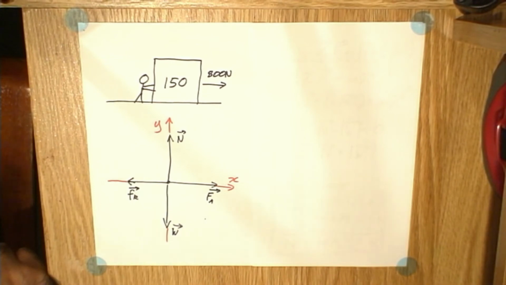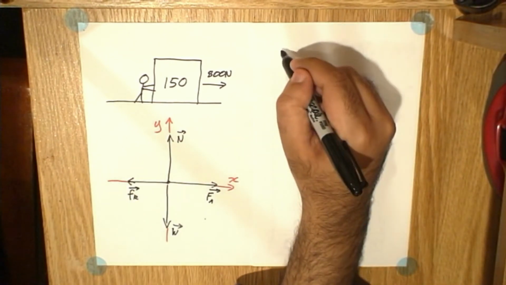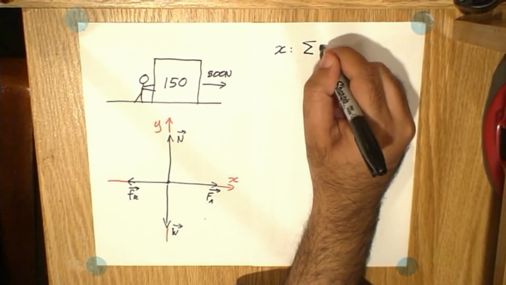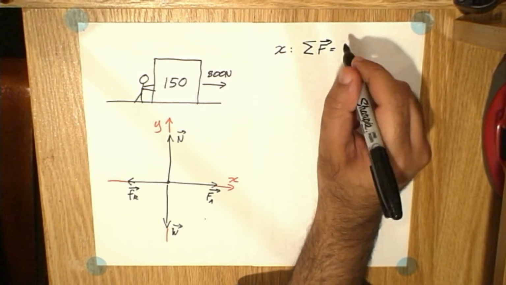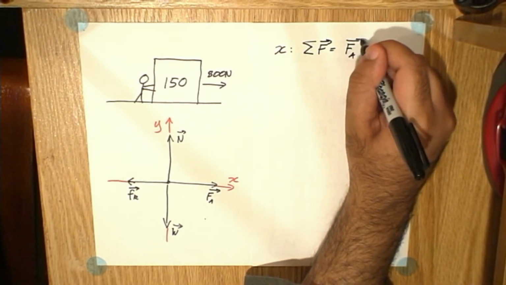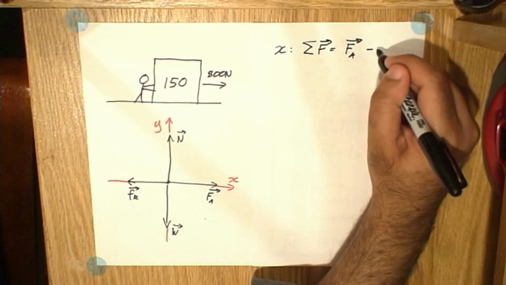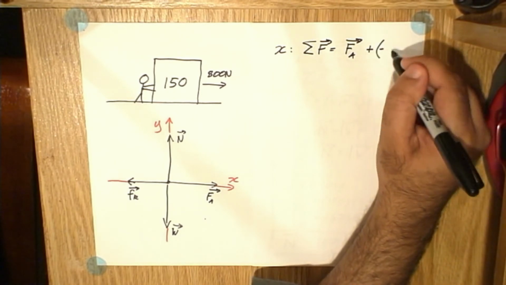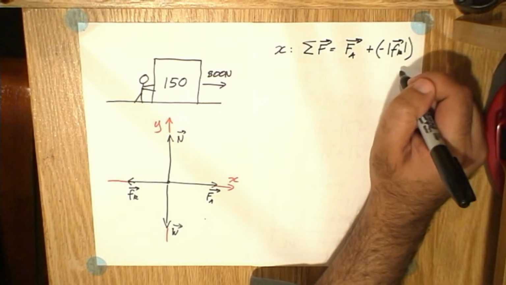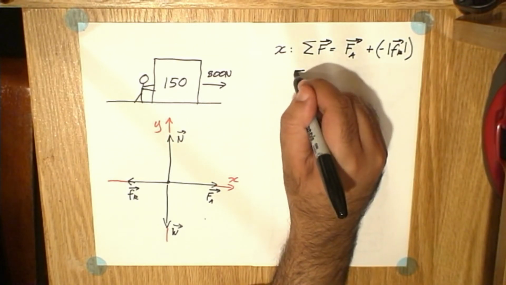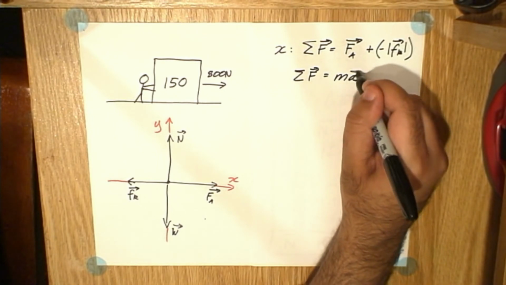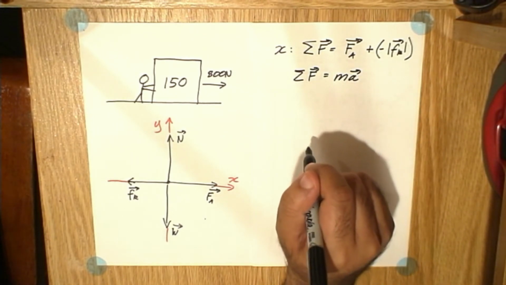Now, let's proceed. In the x direction, the total force is going to be the applied force minus the force of kinetic friction. And that is in turn equal to mass times acceleration.